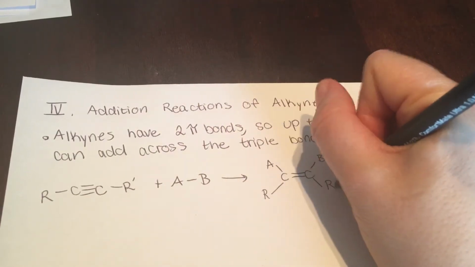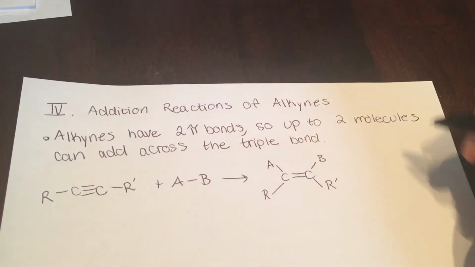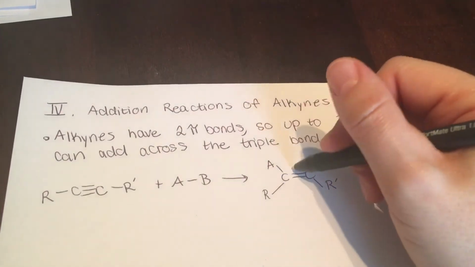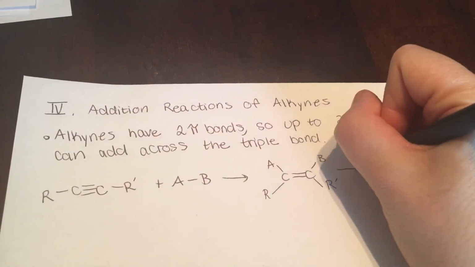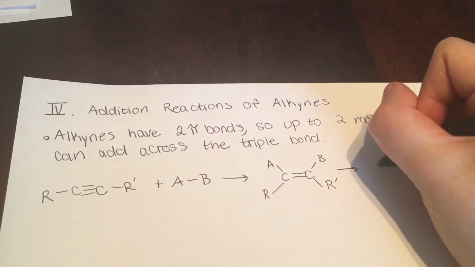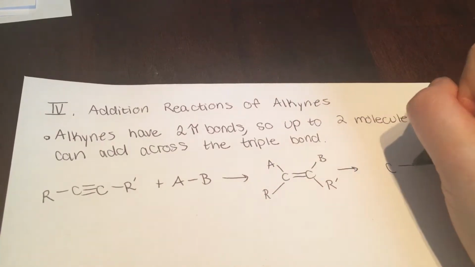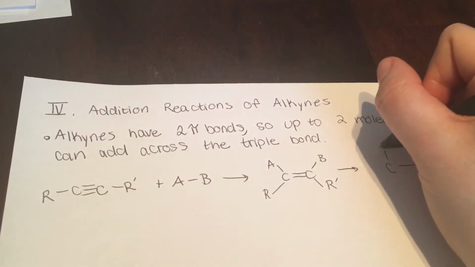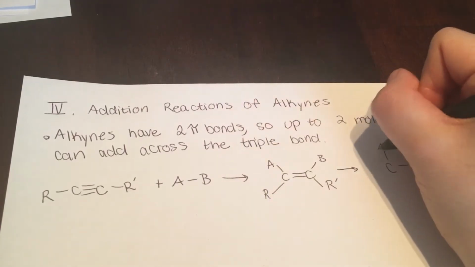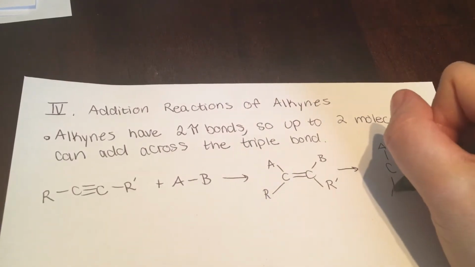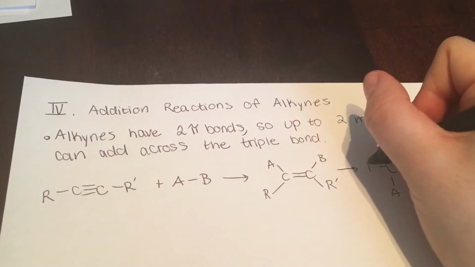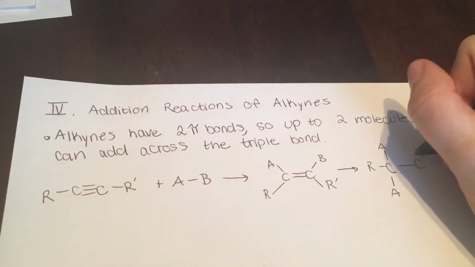we get rid of one of those pi bonds, but we do have a second pi bond. And so that pi bond can attack our electrophile again, and we can add another molecule of AB across this now double bond to form an alkane, with whatever AB was.